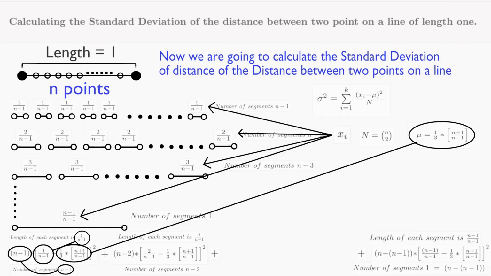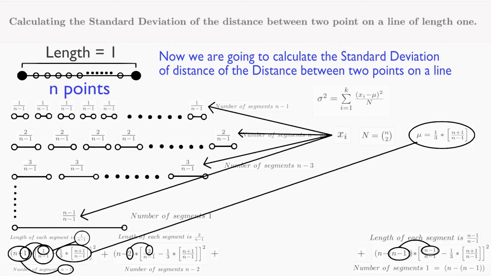The trick that will help us figure out what this sum is, is to look. On the outside we have an n minus 1, and then on the inside of our first bracket we have a 1 over n minus 1. Then for our next term we have an n minus 2 on the outside and a 2 over n minus 1. And then for our next term we'd have an n minus 3 on the outside and a 3 over n minus 1 on the inside, all the way down to an n minus 1 on the outside and an n minus 1 on the inside.